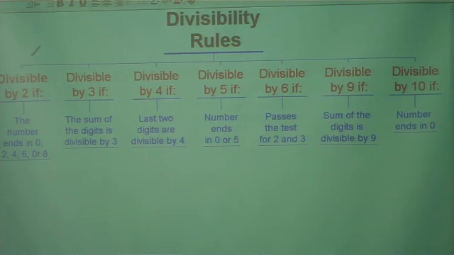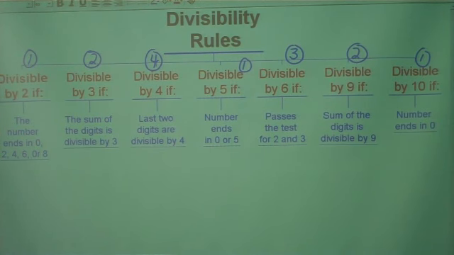So when we test, we're going to test for 2, 5, and 10 first, since they all look at the last digit. Then we're going to test for 3 and 9, since both of those look at the sum of the digits. Then we're going to test for 6, and then finally we'll test for 4.